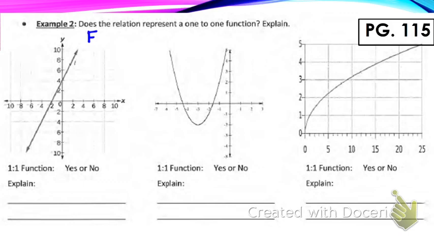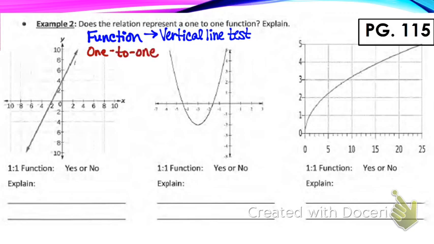To check for a function, yep, we're going to use the vertical line test. Then to check to see if it is one-to-one, I use a similar test, but it's not vertical. Not a vertical line, but a horizontal line test.